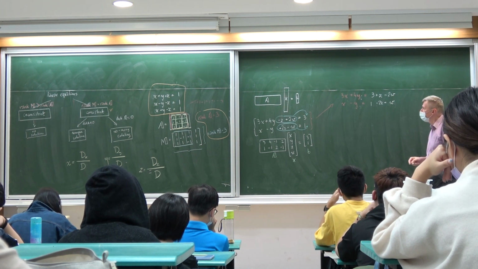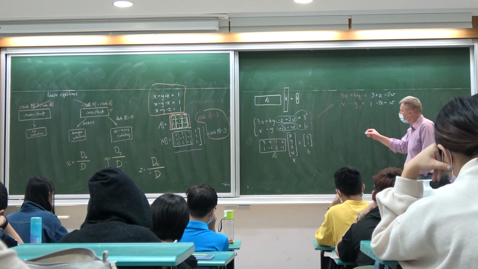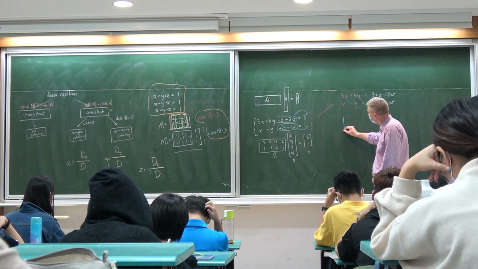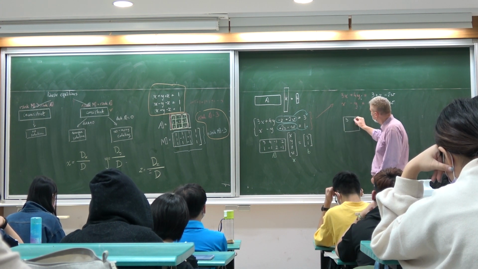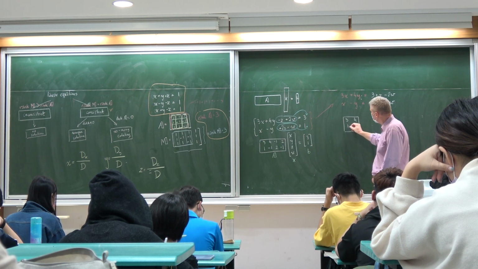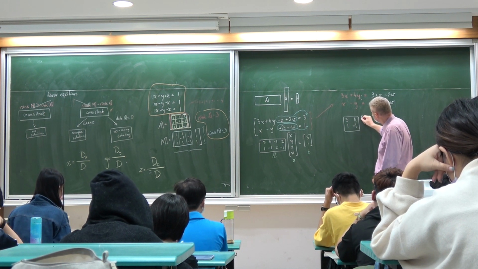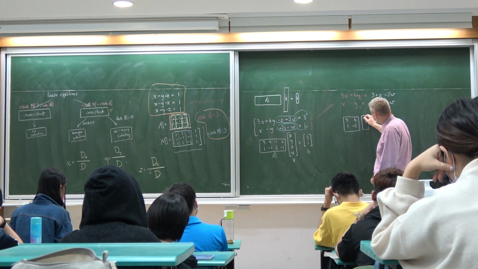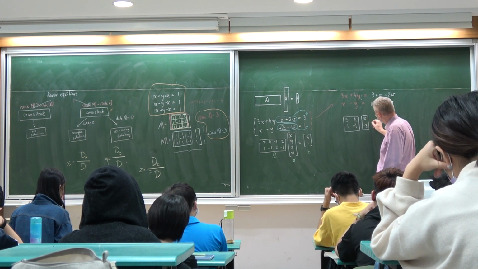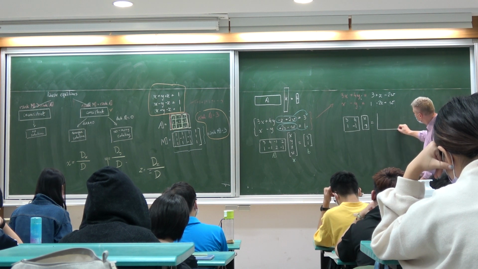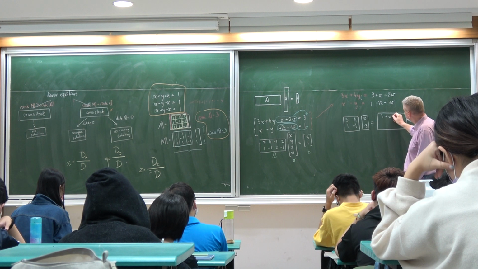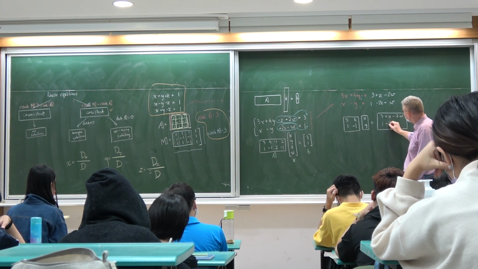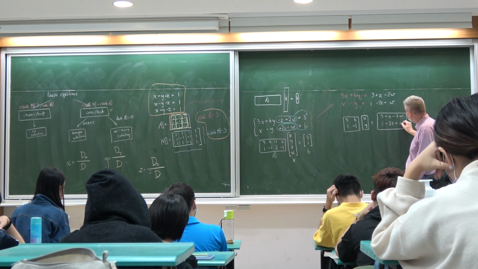Then this new problem can be rewritten in a matrix form in the following way. 3, 4, 1, minus 1, times x, y, equals 3 plus z minus 2w, 1 minus 2z plus w.